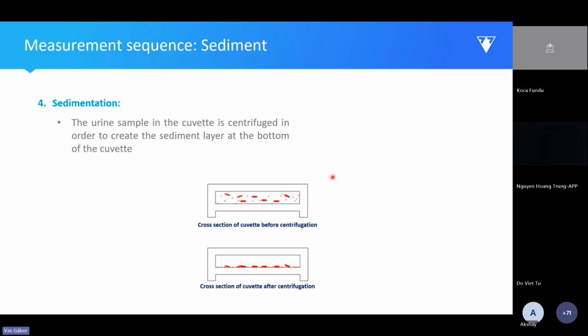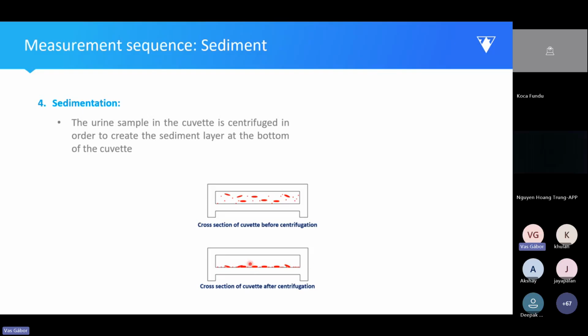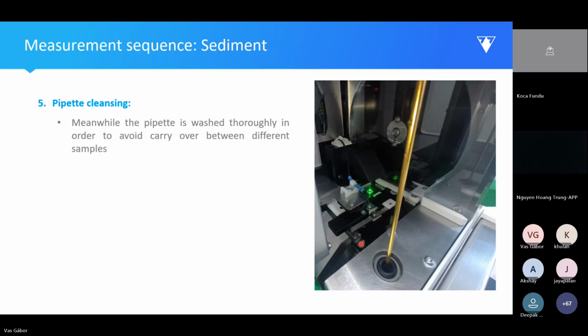And then comes the sedimentation. So here we have a cross-section of the cuvette, and here are the floating formulated elements. And afterwards, we will have it in the bottom of the cuvette, so they will be in one focus layer.